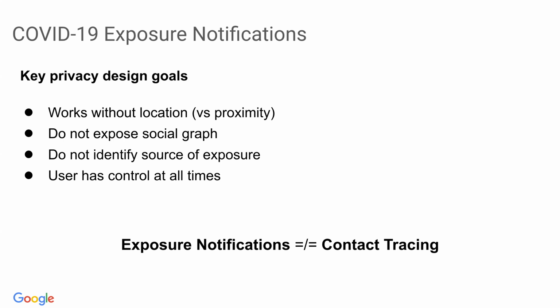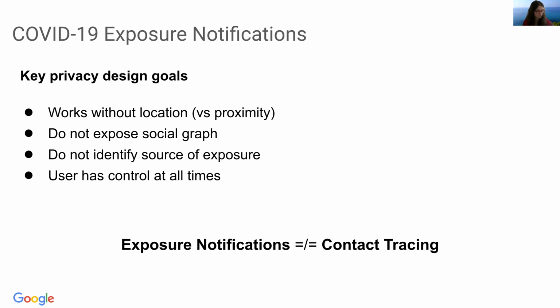And one point I'd like to make about the design principles here is that Athena mentioned we're all very familiar with trade-offs, and one principle that we've held to throughout the design process is that when faced with a choice of protecting social graph data versus protecting the infection status data, we believe that social graph data is much more sensitive than infection status.